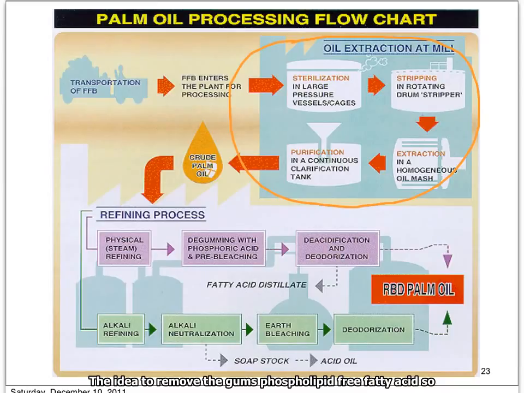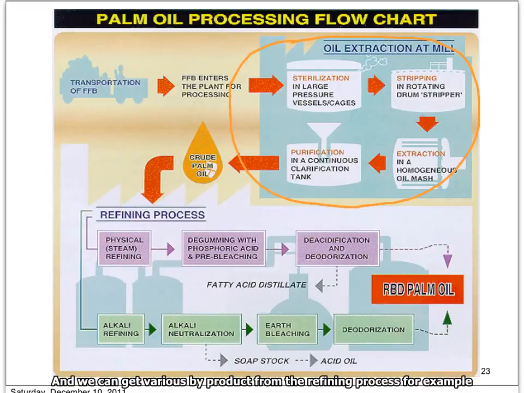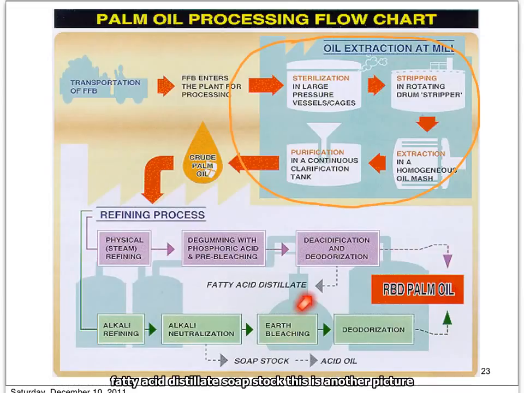So there are various stages of refining, and finally we will get the refined oil. RBD palm oil here means refined, bleached, and deodorized palm oil. And we can get various byproducts from the refining process, for example, fatty acid distillate, or the soap stock.